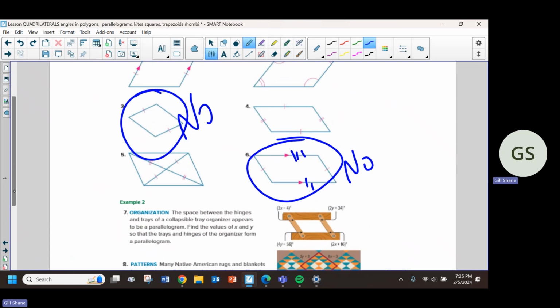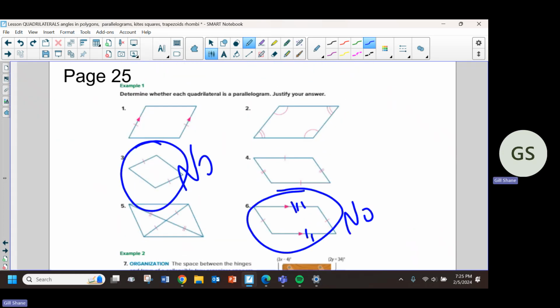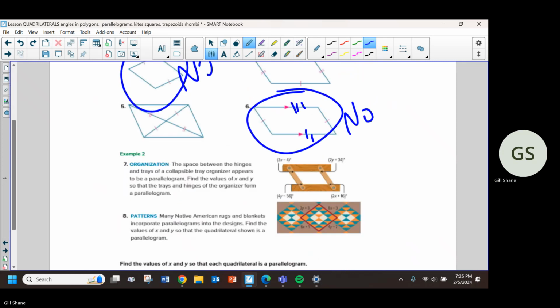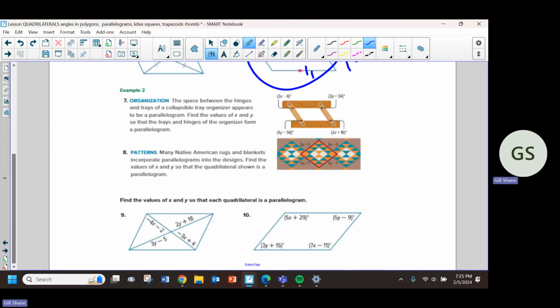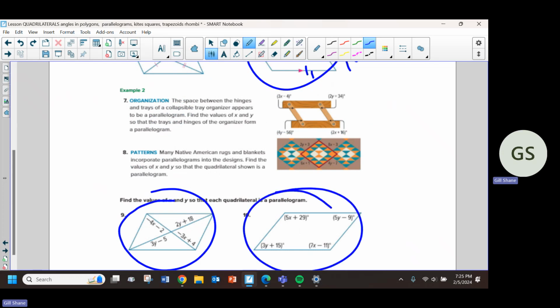Oh, so yeah, there were problems just like this on the quiz, I'm pretty sure. This was on the solving parallelograms quiz, which I did change a little bit. I changed the angles in polygons and the solving parallelograms.